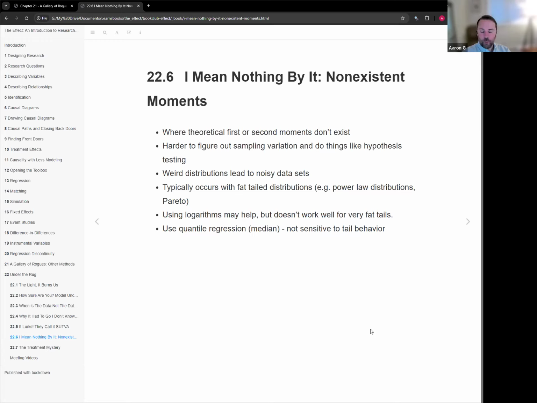Depending on what you're really trying to measure, you could do a different percentile too, right? Like a 10th percentile or a 90th percentile. But at the end of the day, if you have a super fat distribution and you're really interested in how things impact the typical unit, this may be the way to go.